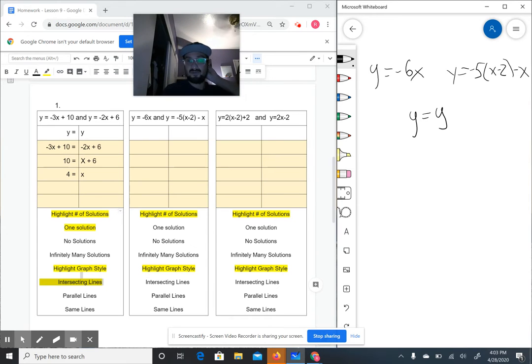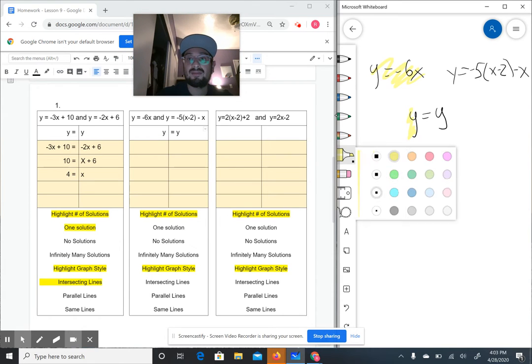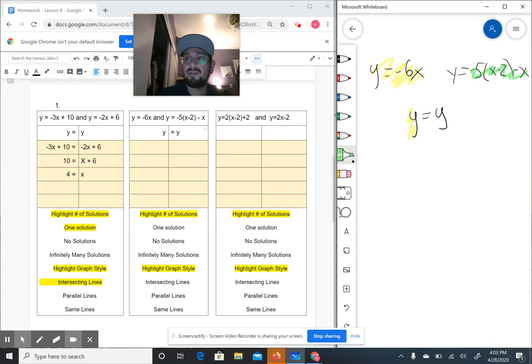So same thing I did before. We want to know where these lines cross, if they cross. So we're going to do y equals y. This is the one, and this is the next one. So y equals y.